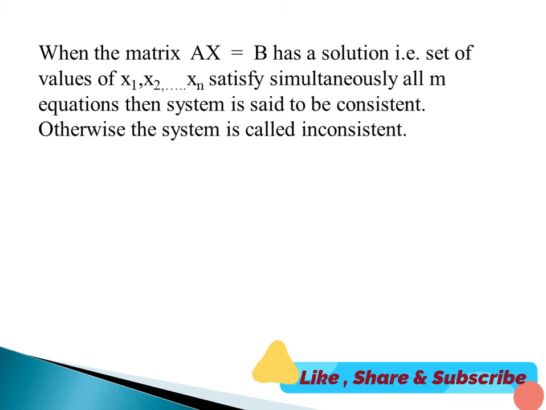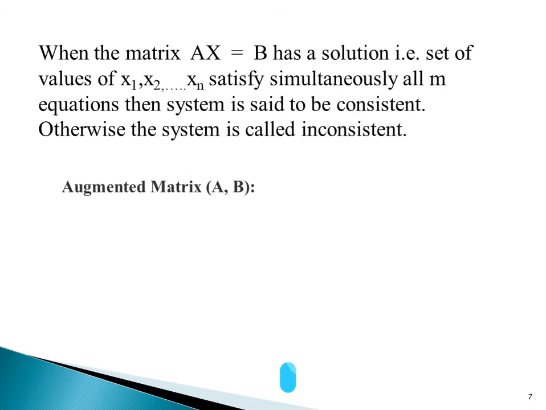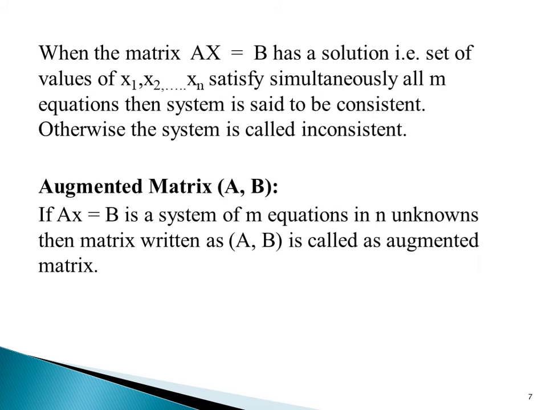Now the next point is the augmented matrix, which is denoted by [A|B]. If AX = B is a system of m equations in n unknowns, then the matrix written as [A|B] is called an augmented matrix.